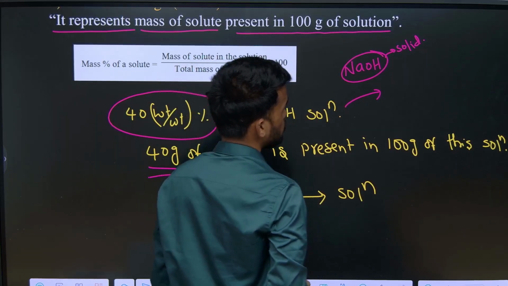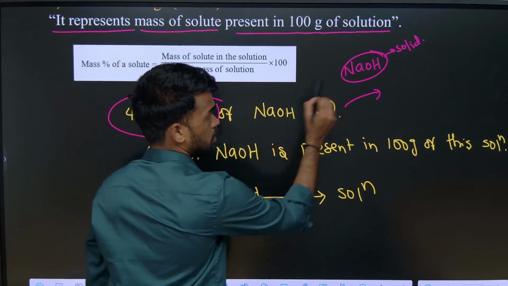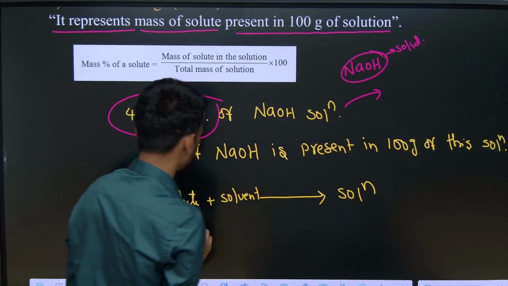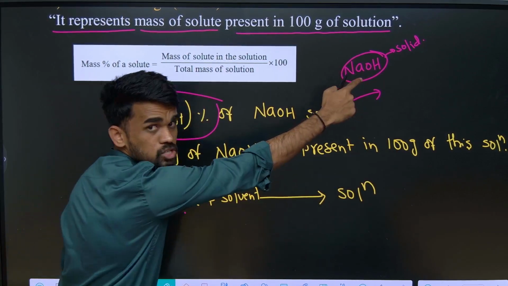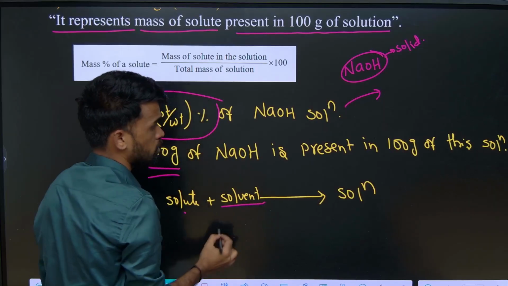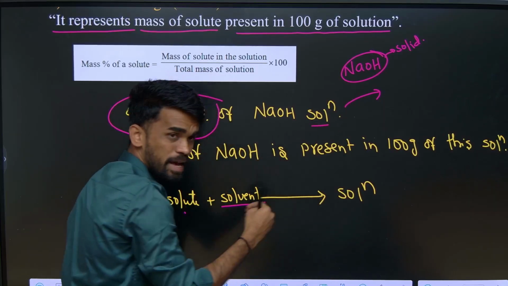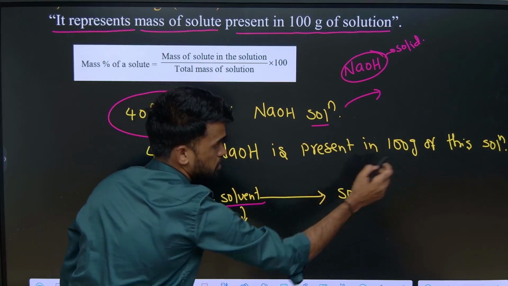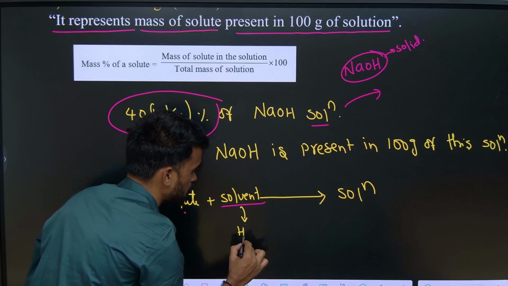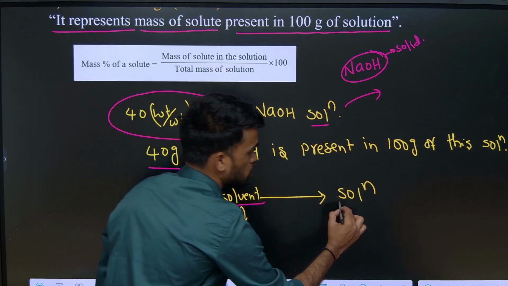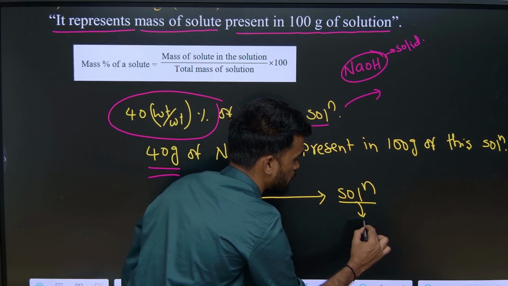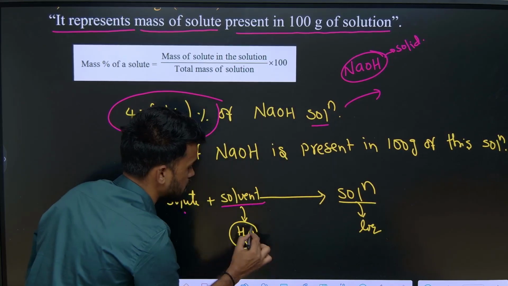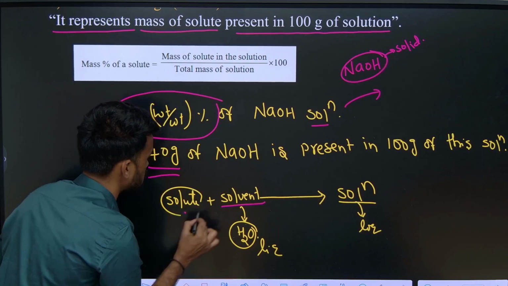Now, NaOH is in solid form, and what about our solvent here? In order to make a solution, we need to add some solvent. Since I am saying NaOH solution, here I am taking the solvent as water, and the solution is also in liquid form. So our water is in liquid form and our solute is in solid form.